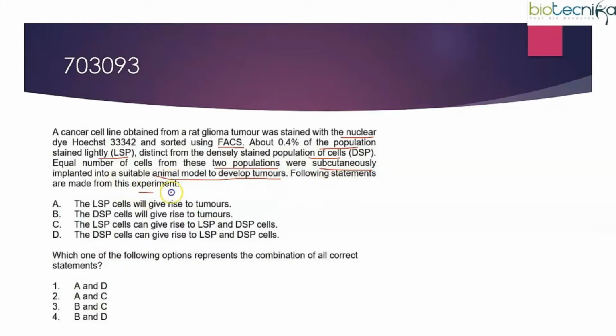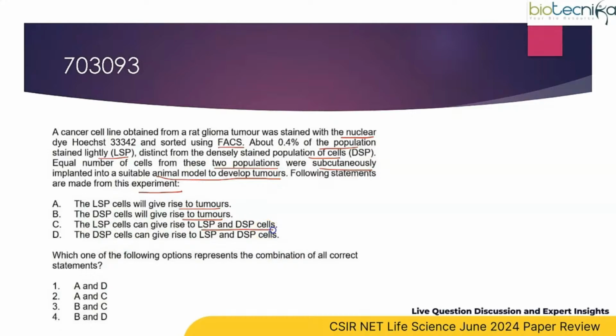The following statements are made from this experiment. The LSP cells will give rise to tumors. The DSP cells will give rise to tumors. The LSP cells can give rise to LSP and DSP cells. The DSP cells can give rise to LSP and DSP cells. Which one of the following options represents the combination of all correct statements?